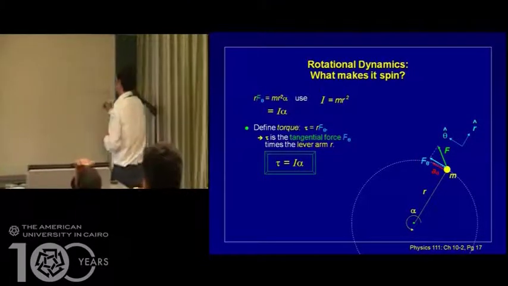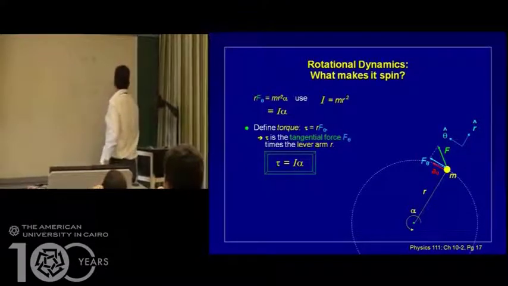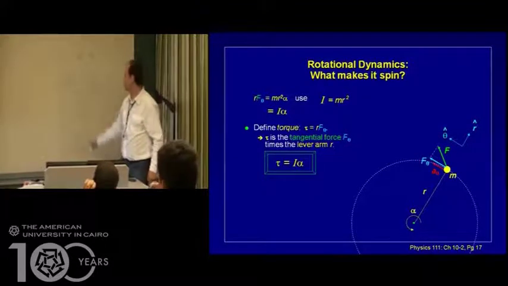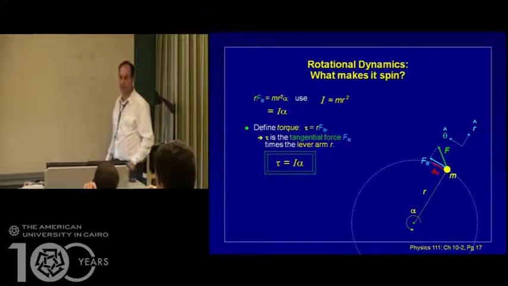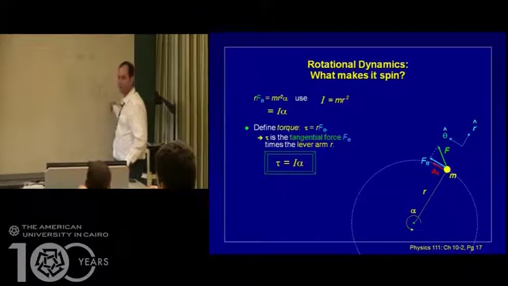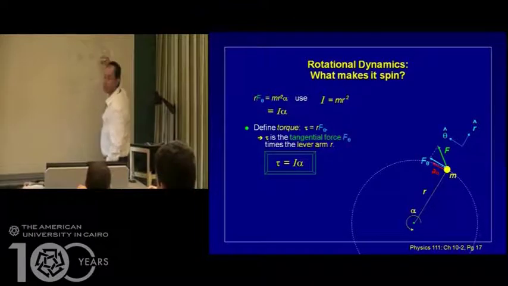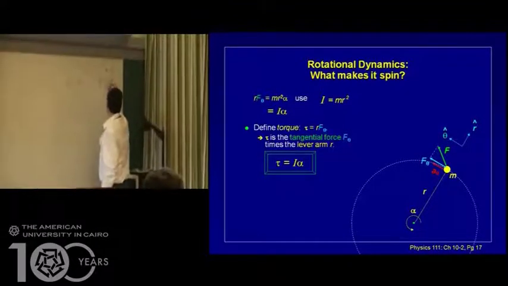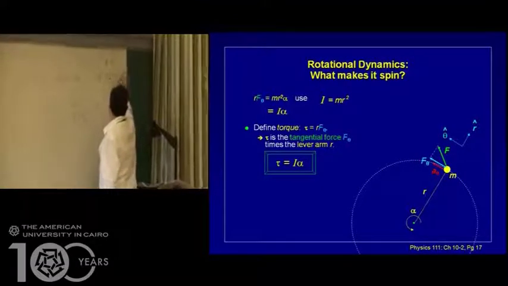If you look at this, R is a vector, F is a vector. So we have to come up with some vector multiplication in here to get the torque. And that vector multiplication we did not study before. This is the time to study it. We call it cross product. R cross F. That's the torque. If you remember in the work, when we were calculating the work, we studied force dot D. We had dot product. And work in that case, that's the magnitude of the force times the magnitude of the displacement times cosine the angle between them.